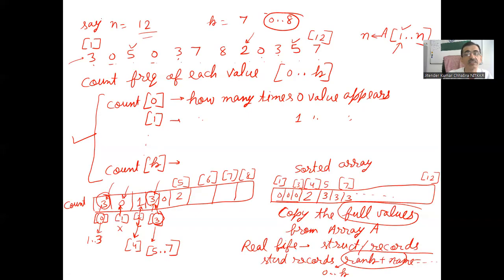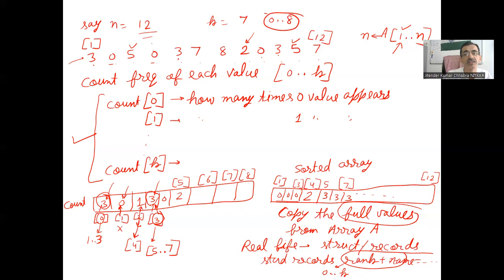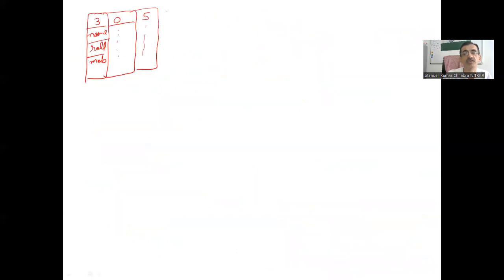So in reality, the values stored, when I said 3, or earlier I said 3, 0, 5, 0, it actually means 3 plus many other fields. 3, then the name of the corresponding student, then roll number, mobile number, etc. Similarly, the next value is with value 0 and then other fields, then value 5 and other fields, and similarly 3, 0, 5, 0, 3, 7, 8.